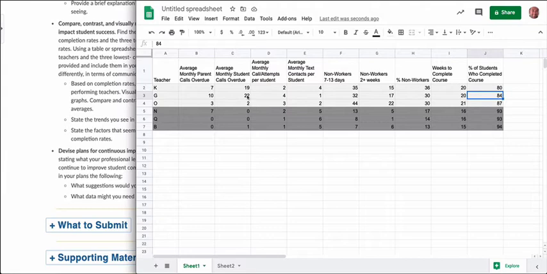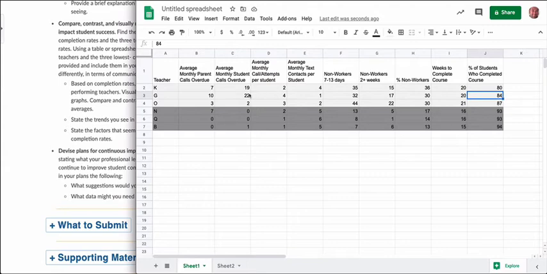So those teachers are not making their student calls, and as a result, they have 2 of the lowest course completion rates in the entire course, along with the second highest number of students who have not worked for 7 to 13 days, 2 of the highest numbers of how long it took to complete the course, and 2 of the highest numbers in non-workers.